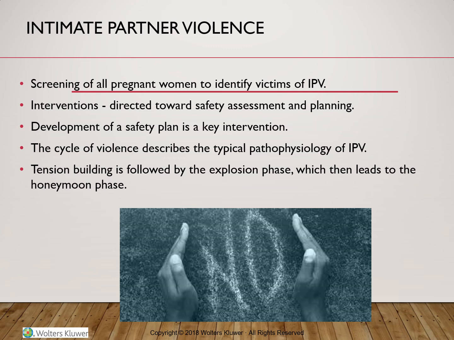It can occur across all social, cultural, religious, and economic boundaries. There are other terms included in the general term of intimate partner violence: domestic violence, spouse abuse, domestic abuse, or battering. Those are more used from a legal point of view.